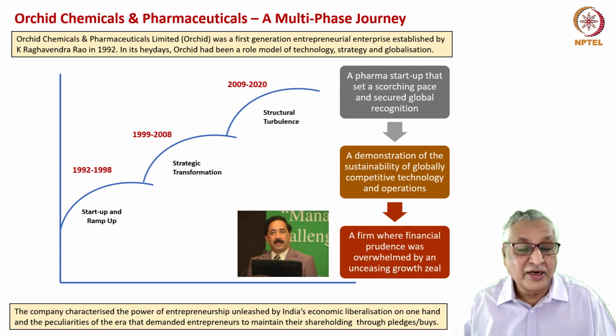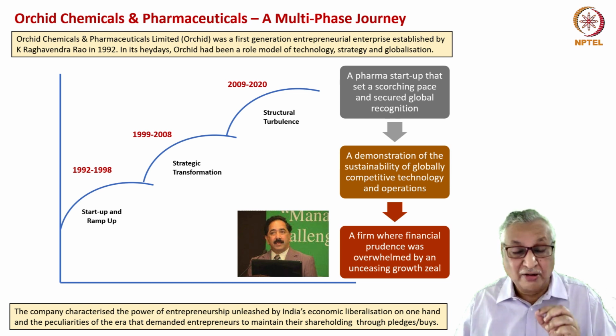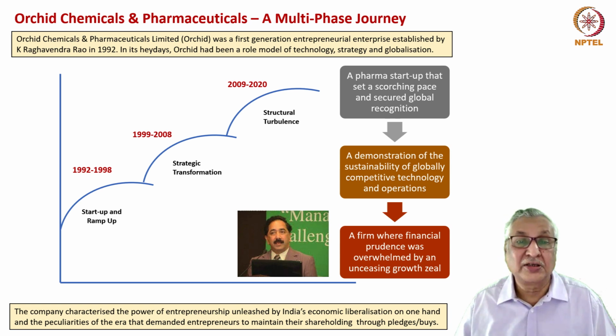Orchid as a company characterized the power of entrepreneurship unleashed by India's economic liberalization on one hand and the peculiarities of the era that demonstrated entrepreneurs maintaining their shareholding through pledges and buys. Today, even if the promoter shareholding is reduced to 10%, or if a promoter sells his or her stake through the initial public offer, the market doesn't feel worried.